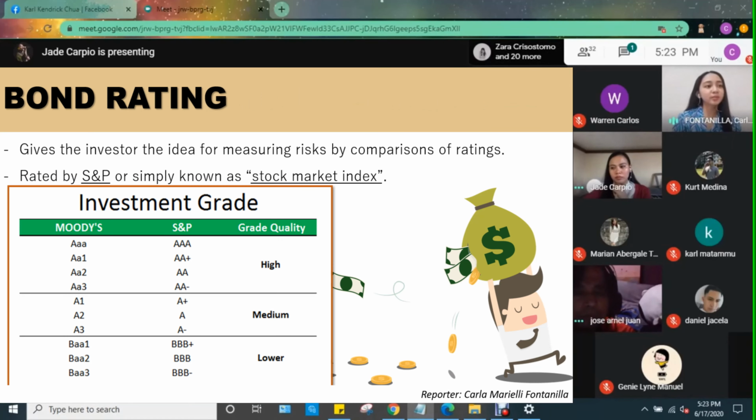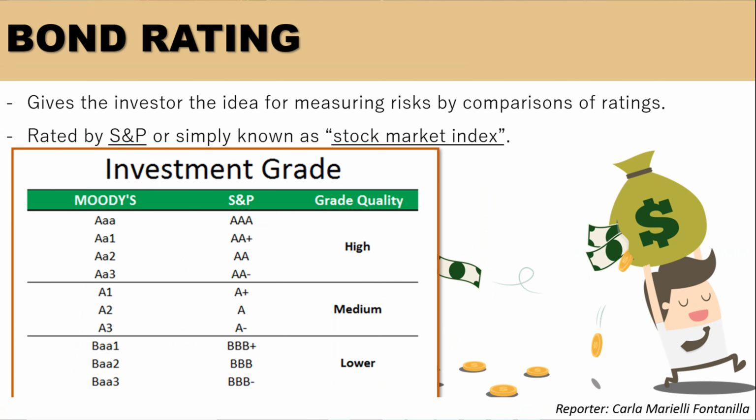So another one is the bond rating. It is actually an indicator and it gives the investor the idea for measuring risk by comparison of ratings. It is actually rated by S&P, or simply known as stock market index. So as you can see in the table, there are investment grades by the S&P, and these are graded by high, medium to lower quality.